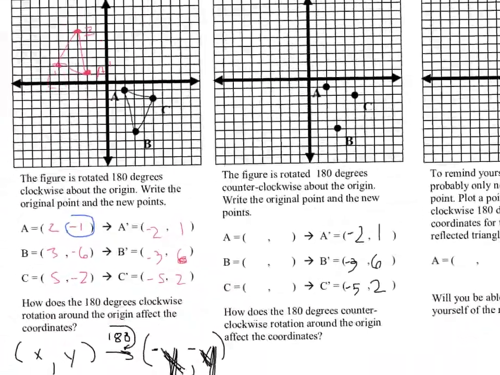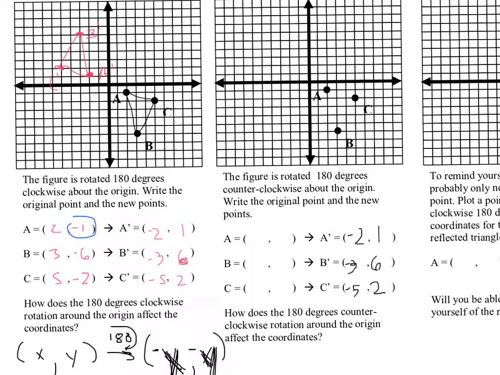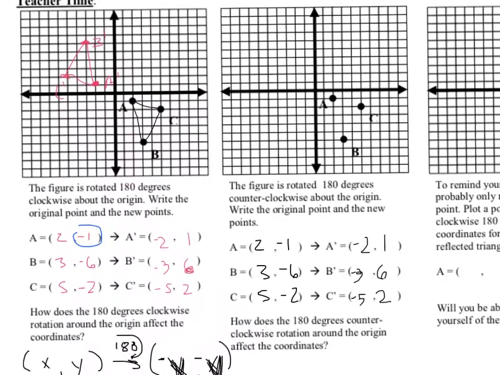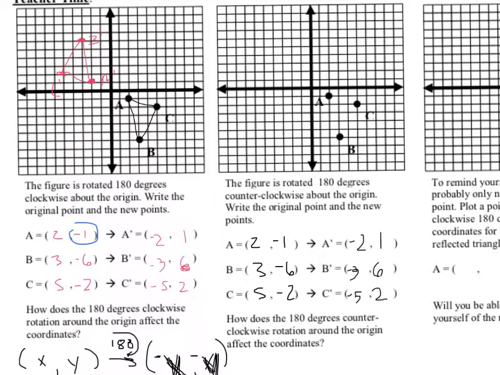We started with the same points. 2, -1. 3, -6. 5, -2. Sorry, that 3 is really sloppy. All right, -3, -6.